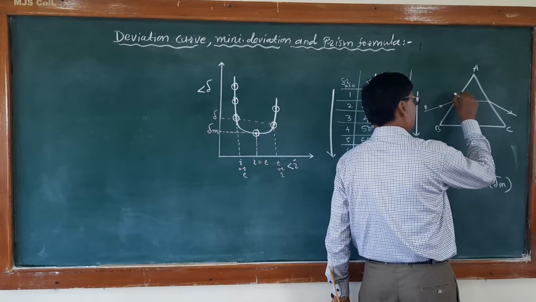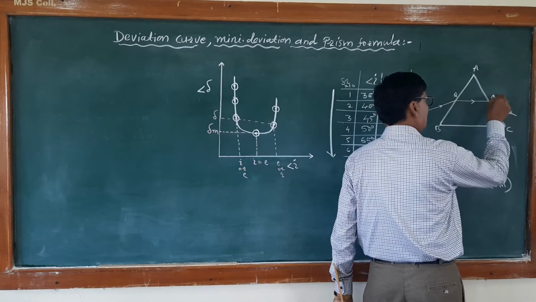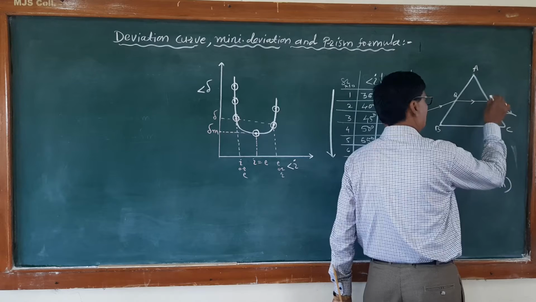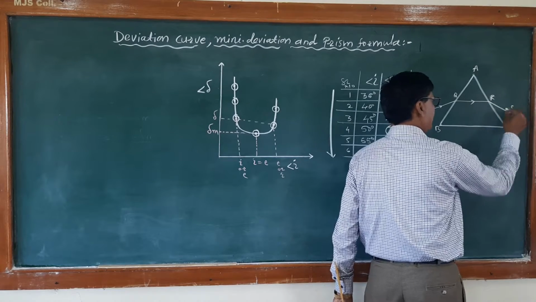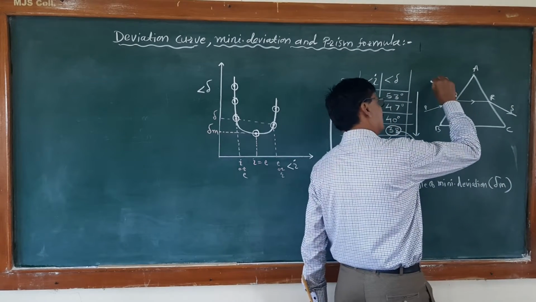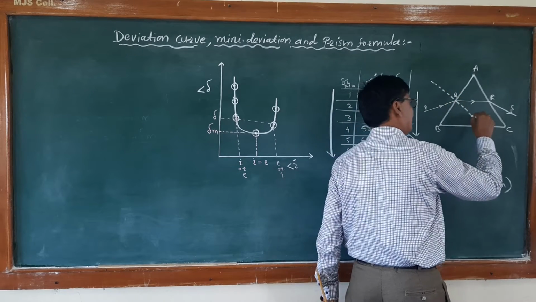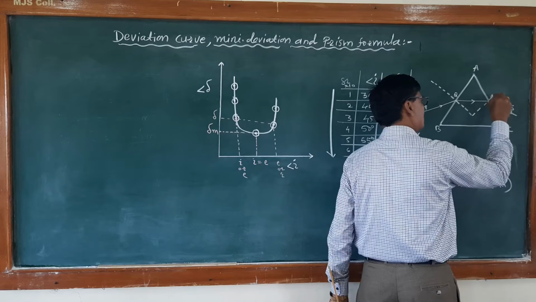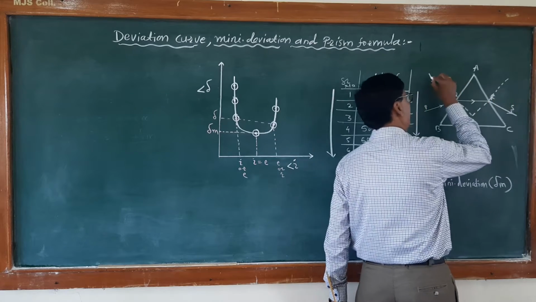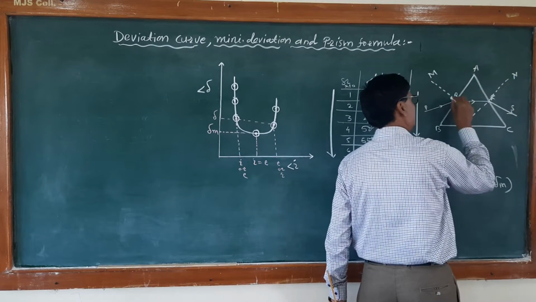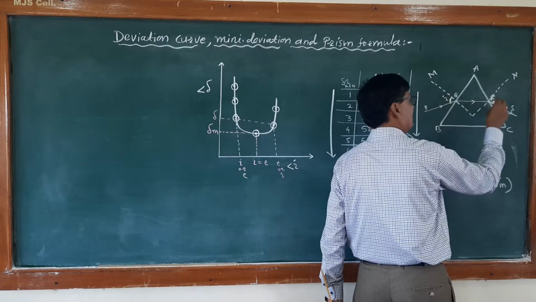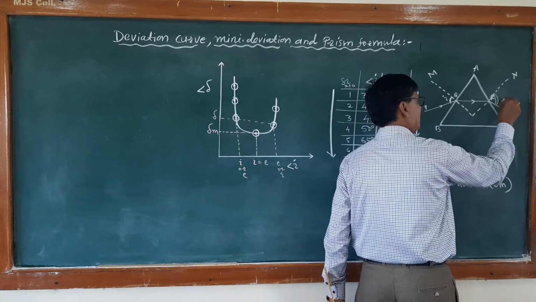Therefore, this is PQ and this is RS. Suppose these are my normals drawn to the surfaces AB and AC. This is the angle of incidence and this is the angle of emergence.